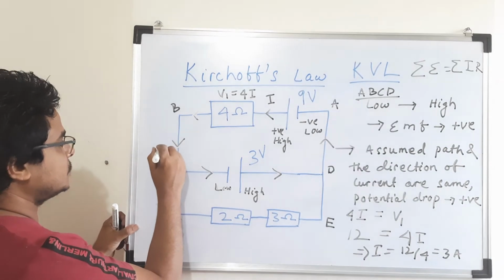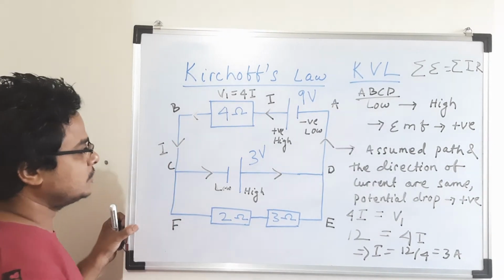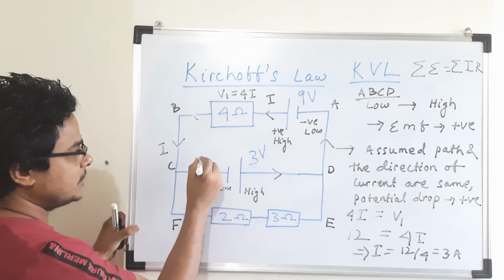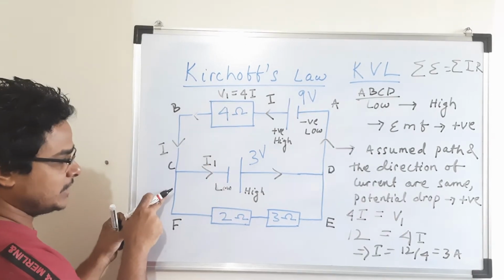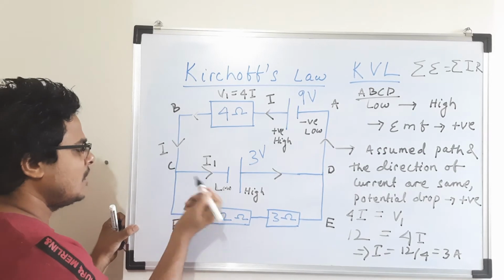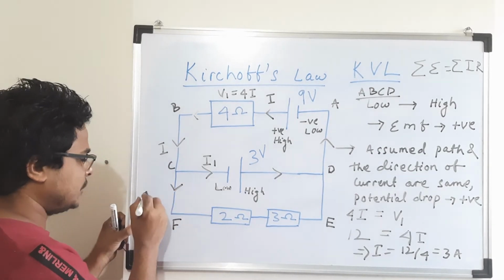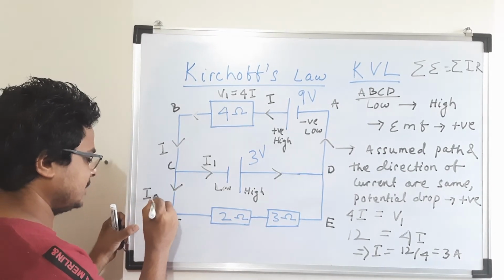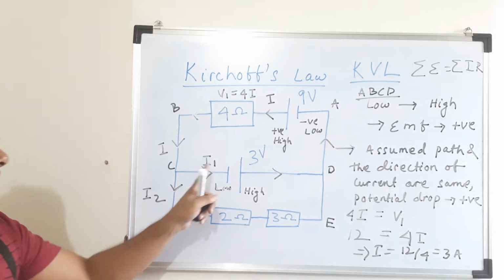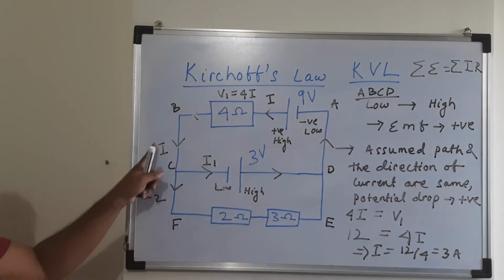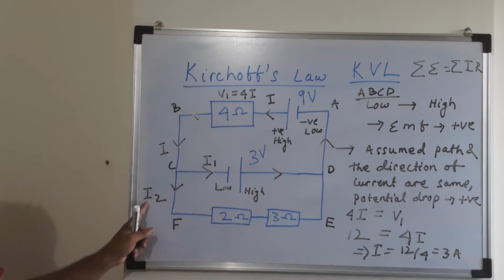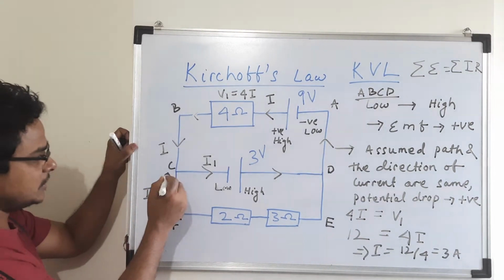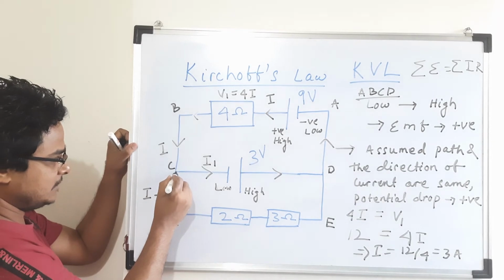Now suppose, same I over here you got, and then here you can see, suppose I1 amount of current entered, so here you can write I minus I1, or else you can write I2, whatever we want to write, that is up to you. If I write I1 here, I can simply write I minus I1, or you take I2, and then you need to take the third equation.